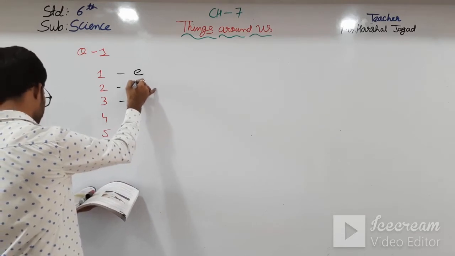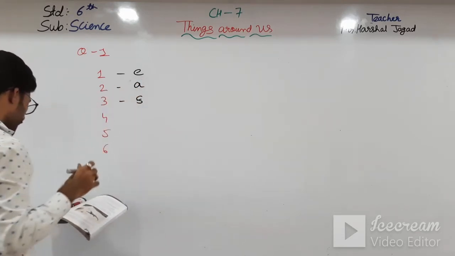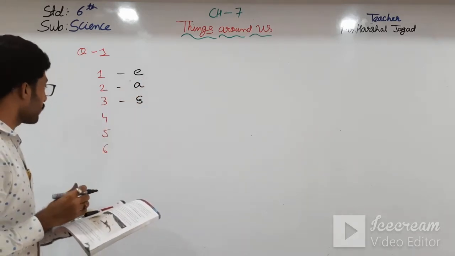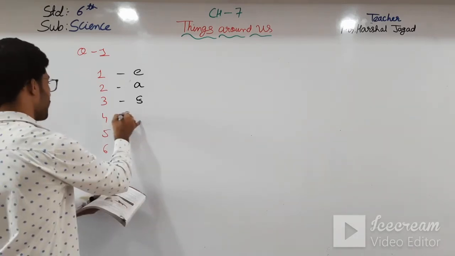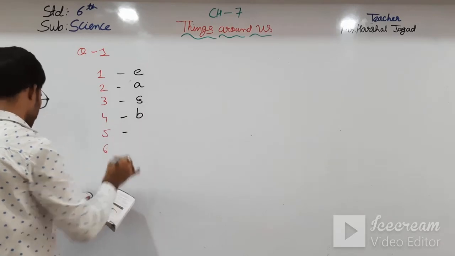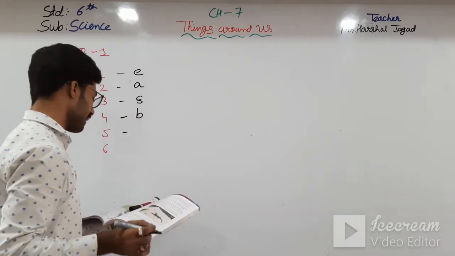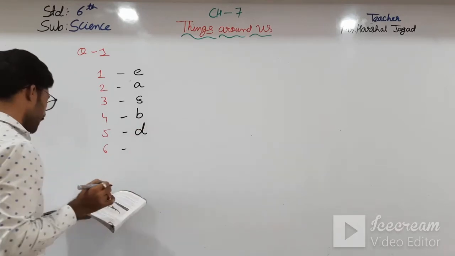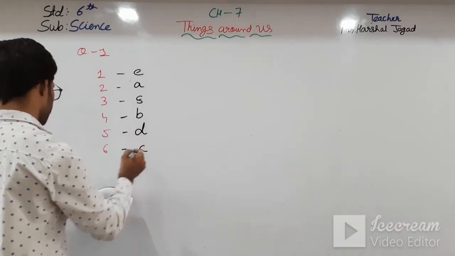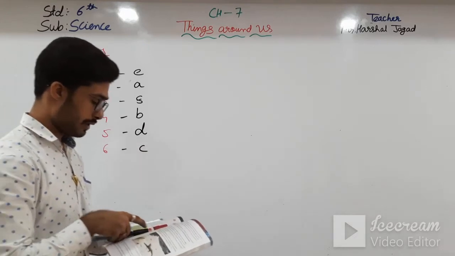Then the second one, respiration in plants requires oxygen, that is A. The fourth one, reproduction in birds, is laying eggs, that is C. The fifth one, biotic components, is the living part of an ecosystem, that is D. And the sixth one, abiotic component, is the non-living part of an ecosystem.